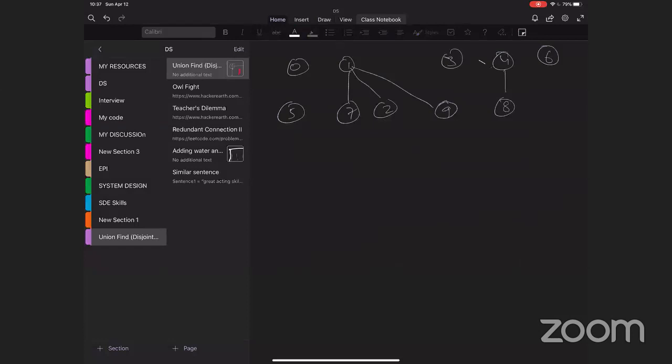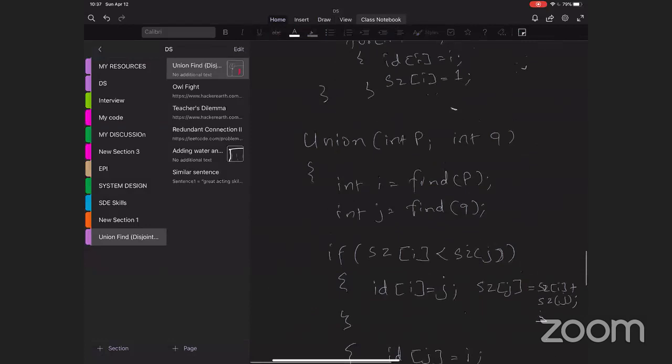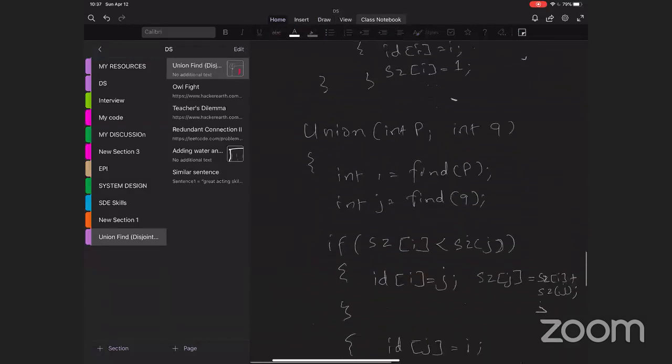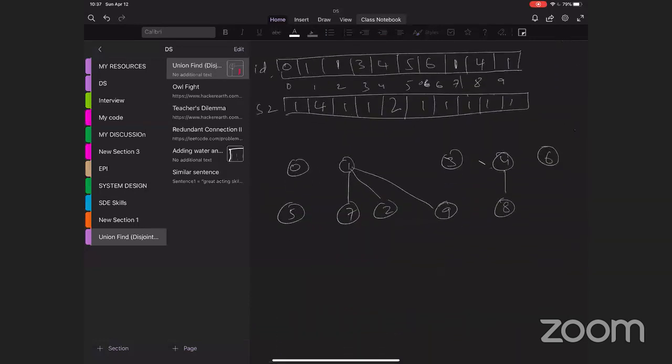When I find the parents, what I improve is the find function, so that I don't have to go through the whole tree where my complexity becomes O(n).